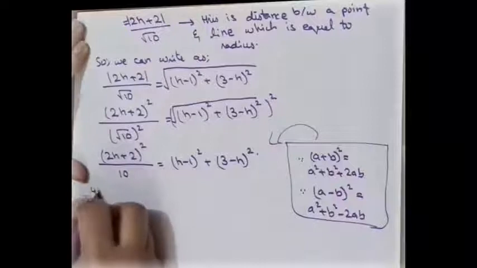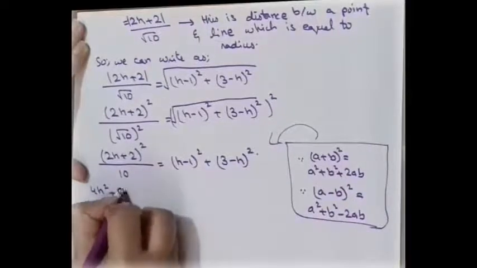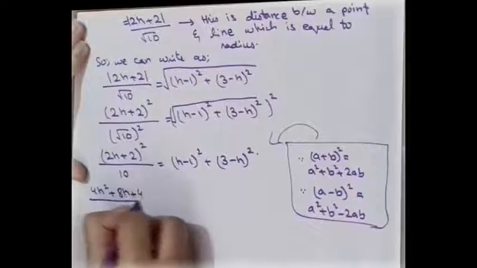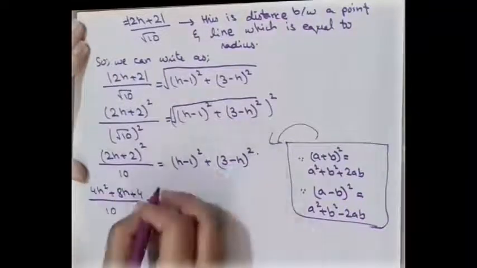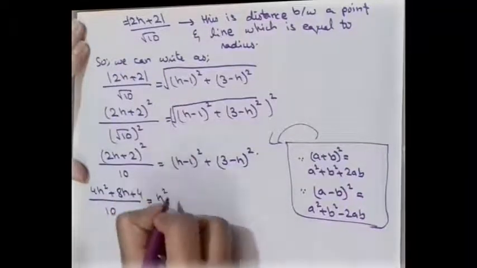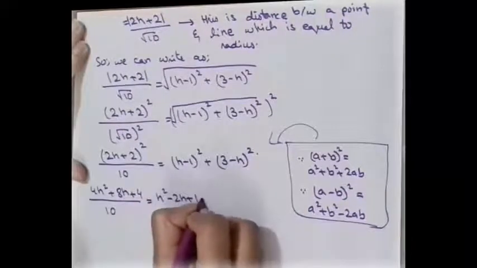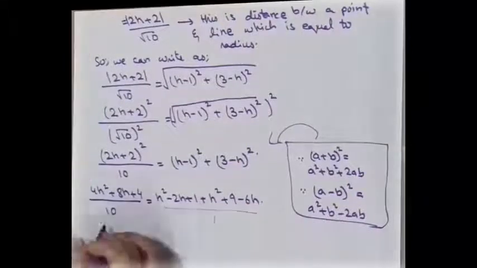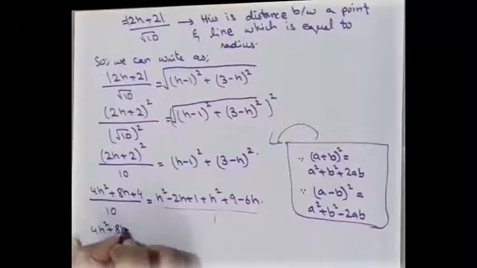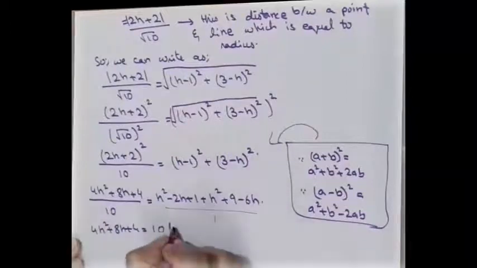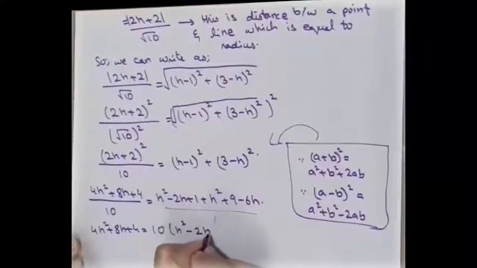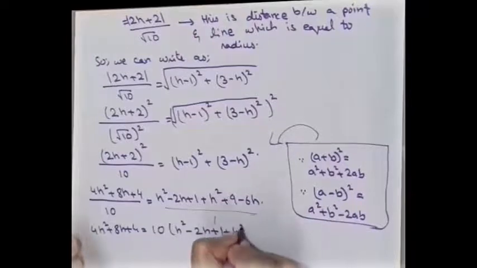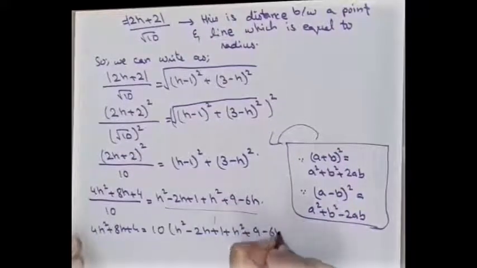So it will be 4h squared plus 8h plus 4, divided by 10, and after opening these two squares, it will be h squared minus 2h plus 1, plus h squared plus 9 minus 6h, over 10. After cross multiplication, we are left with 4h squared plus 8h plus 4, which is equal to 10 multiplied with the whole of this factor, h squared minus 2h plus 1 plus h squared plus 9 minus 6h.